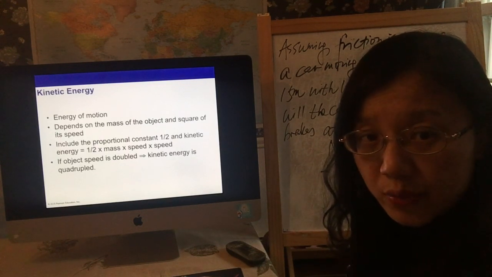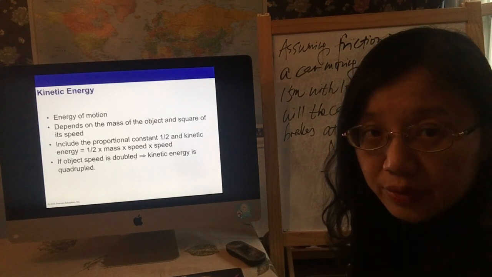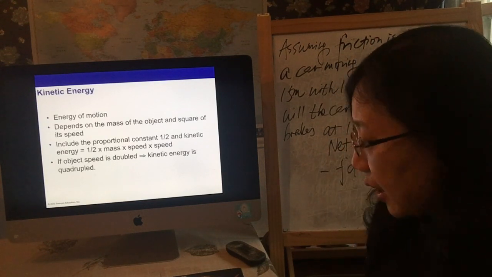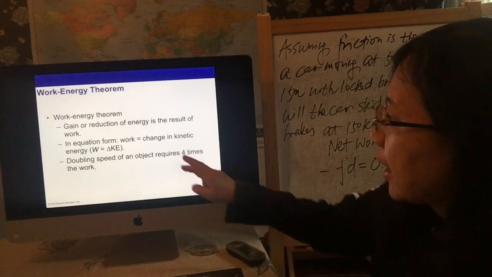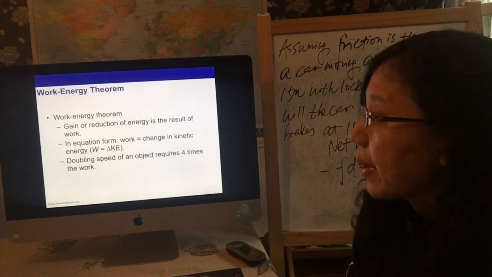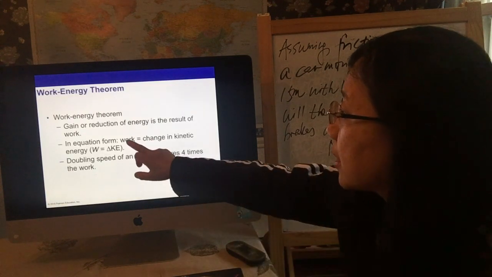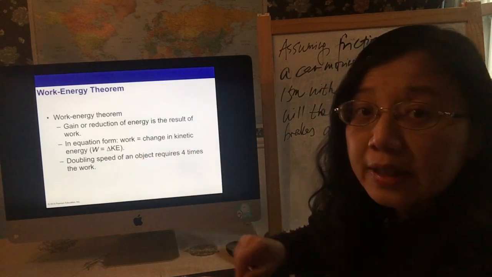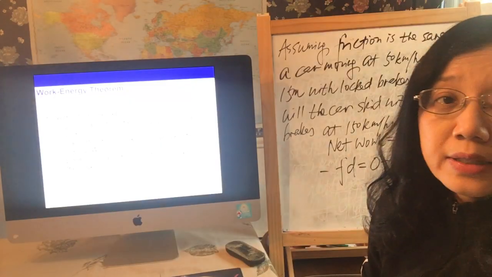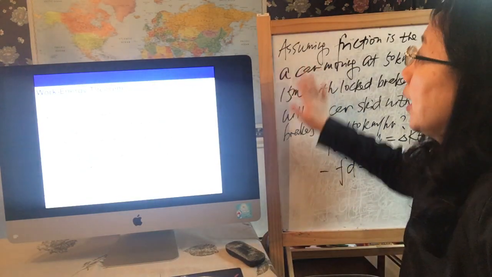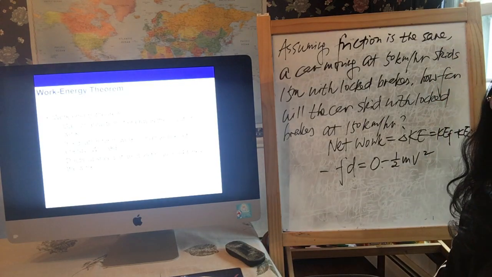Work is a way to transfer energy, or you can change the energy. So the relationship of work and energy can be represented by the work-energy theorem, which is net work equals change in kinetic energy. Okay, so here I want to use this as an example to show you the work-energy theorem application.